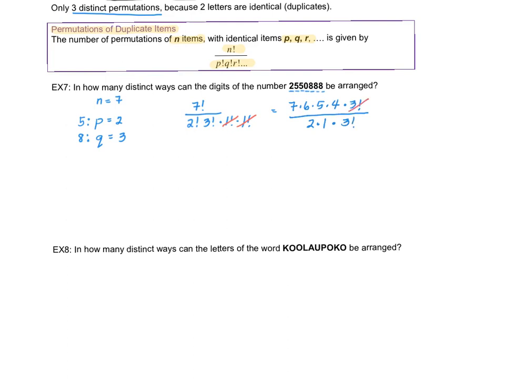And I can cancel the 3 factorial. I can cancel the 1. So I just have 7, 6, 5, 4 over 2. And in fact, I can even reduce by 2 if I want. So 7 times 6 times 5 times 2 should be 420.